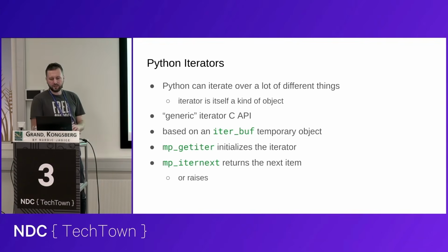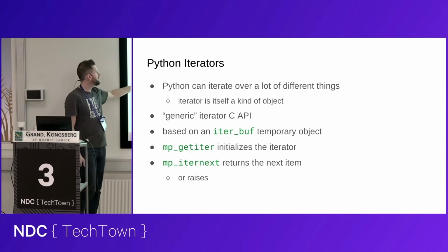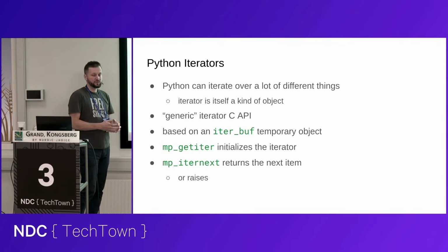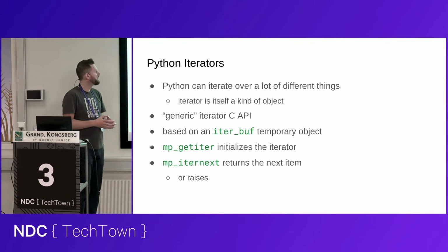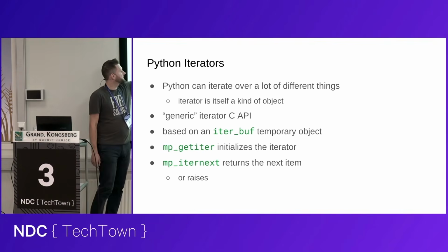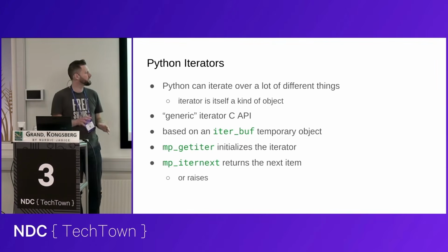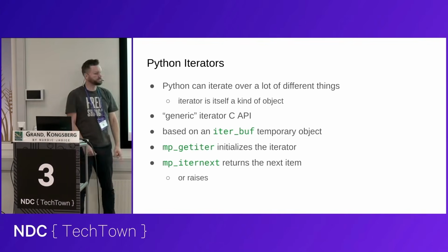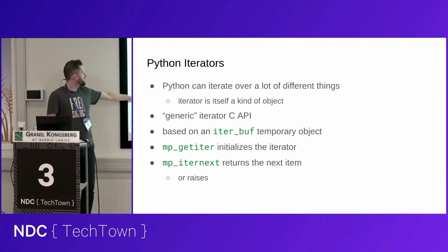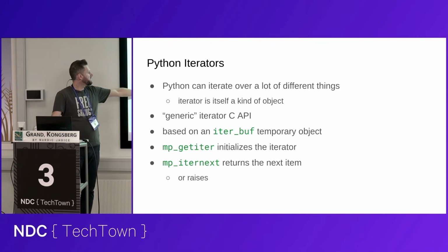And the funny part, why I'm talking about this, is that this function creates the iterator object and returns what Python would consider its iterator object, but it's literally the thing that you passed in, in the typical case. There are some special cases, but typically it's just this. And then you have iternext that gives you either the next item or raises an exception.